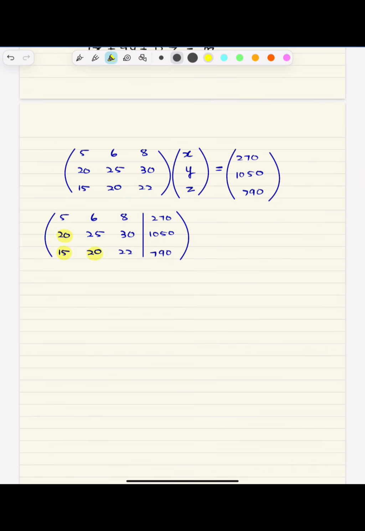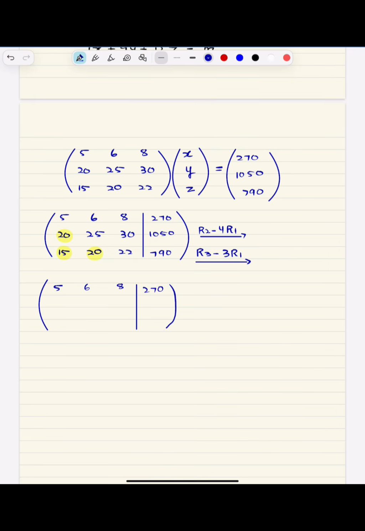Okay, remember we have to use row 1 and we want to impact rows 2 and 3. We know 5 fours are 20, so we can write row 2 minus 4 row 1, and row 3 minus 3 row 1. So I'll have a 5 here, 6 here, 8 here, 270 here.